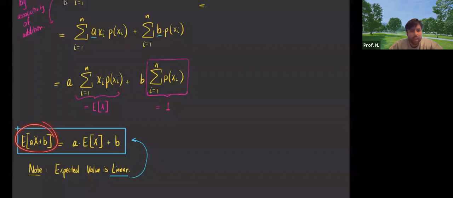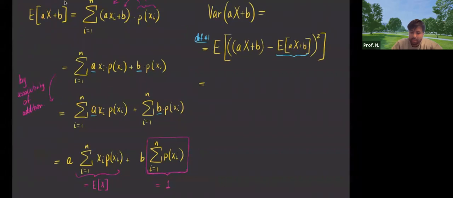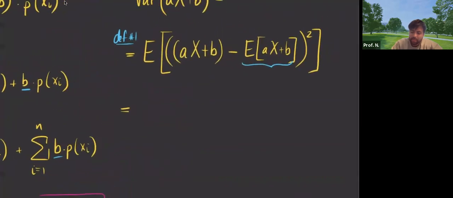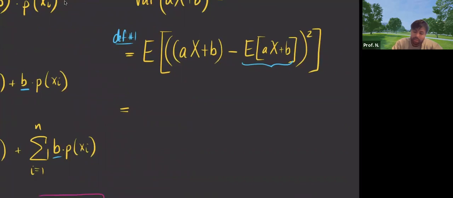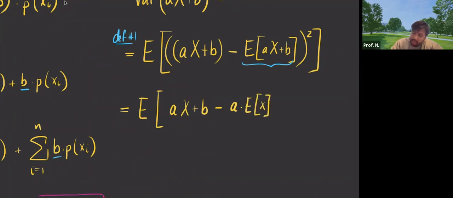The expected value of ax plus b is a times the expected value of x plus b. Okay, so what is that going to look like? So the expected value is going to be ax plus b minus a times the expected value of x plus b.